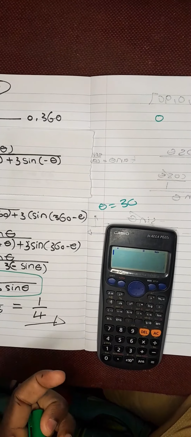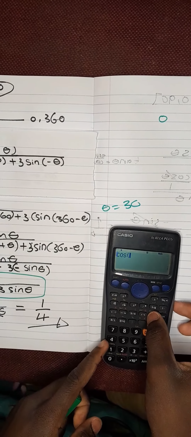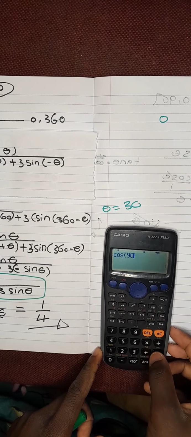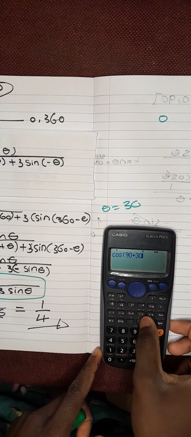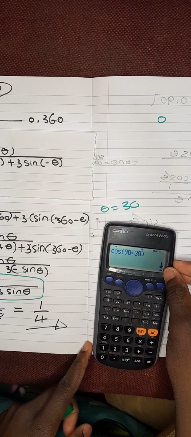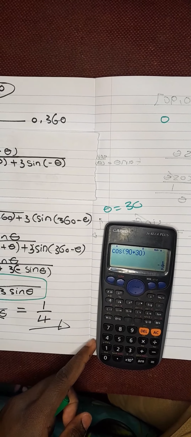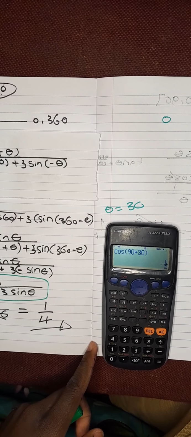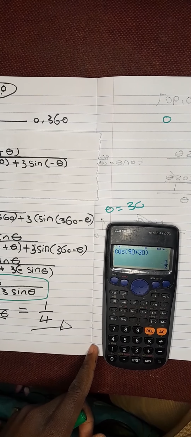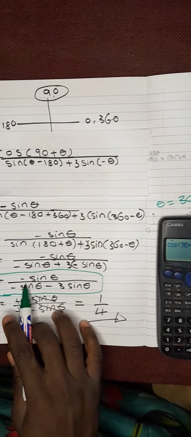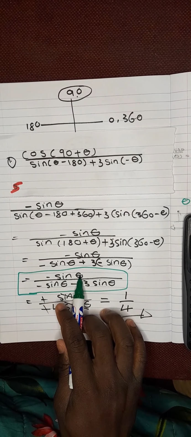I'm going to have cos(90 + 30), which is equal to negative 1/2. I'm not interested in the value. The only thing I want to know is whether it is positive or negative. As you can see, it's negative, meaning I'm going to have negative sin theta.